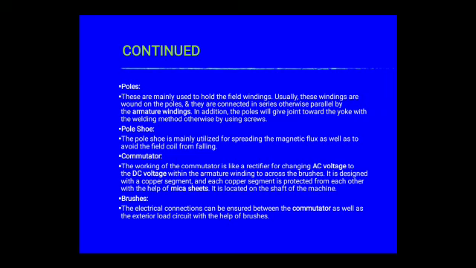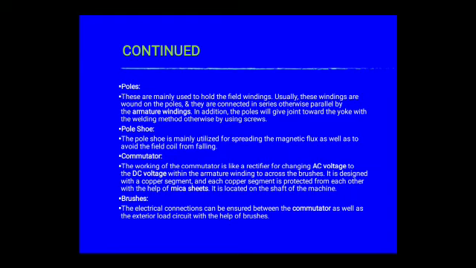Brushes are made of carbon, and the main properties of brushes are: number 1, it is a solid lubricant; number 2, it is a good conductor of electricity; and number 3, the most important, it is a good insulator of heat. It means it can absorb the heat, or it also acts as a cooling medium.